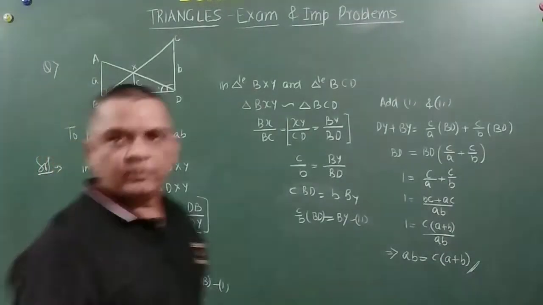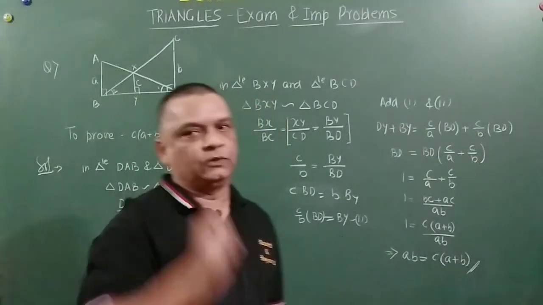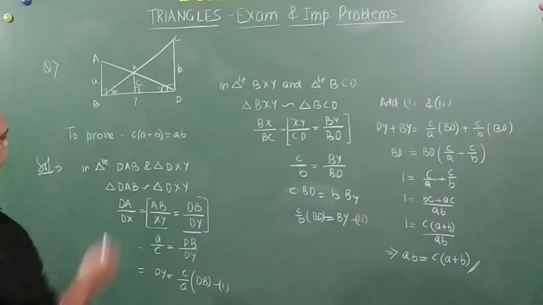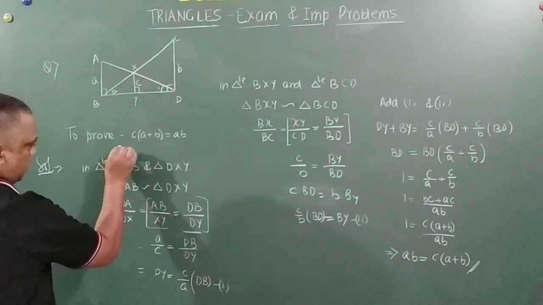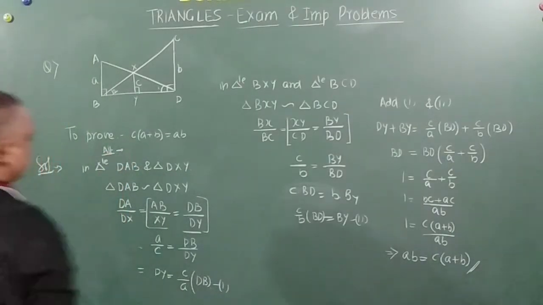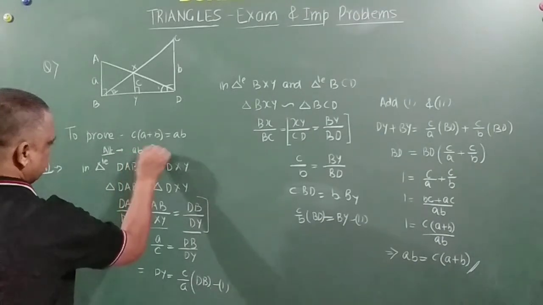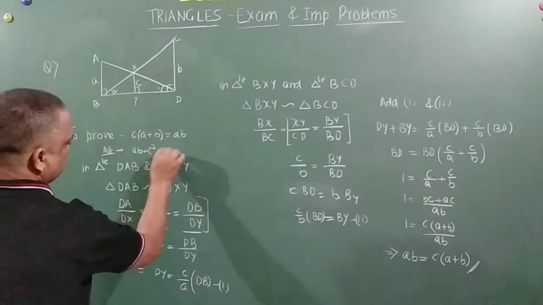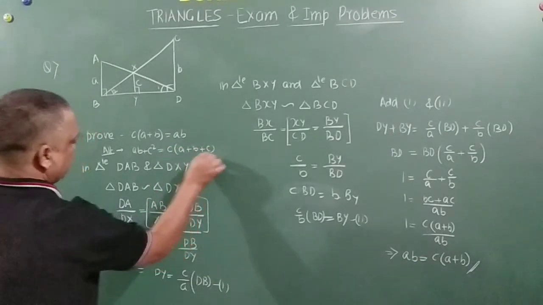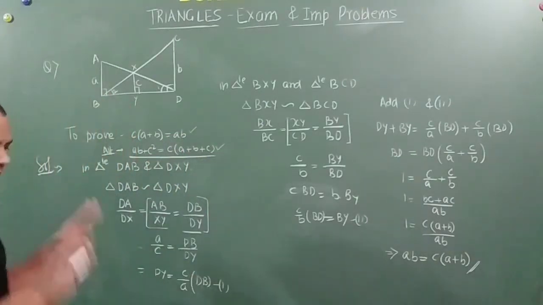In the examination, friends, this can be twisted. And how it can be twisted, I'll tell you that also. Let us say, instead of this, they give you to prove AB plus C square is equal to C into A plus B plus C. To be very frank, this is equal to this only, nothing else.